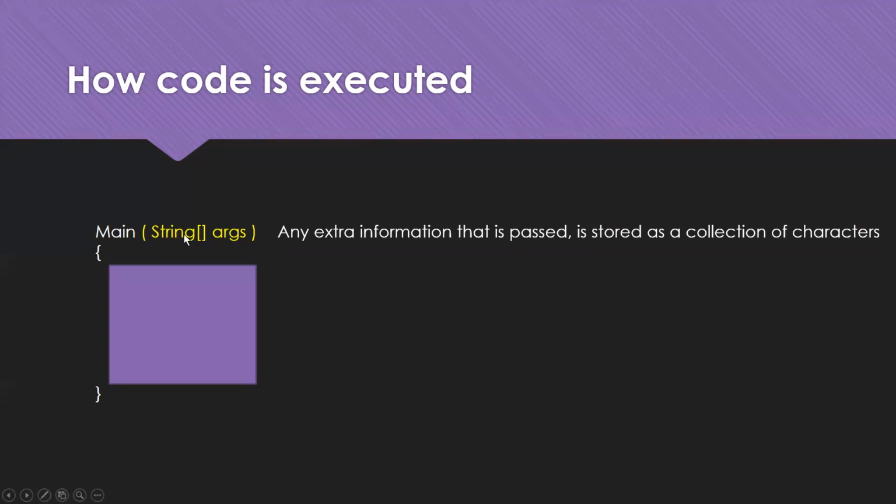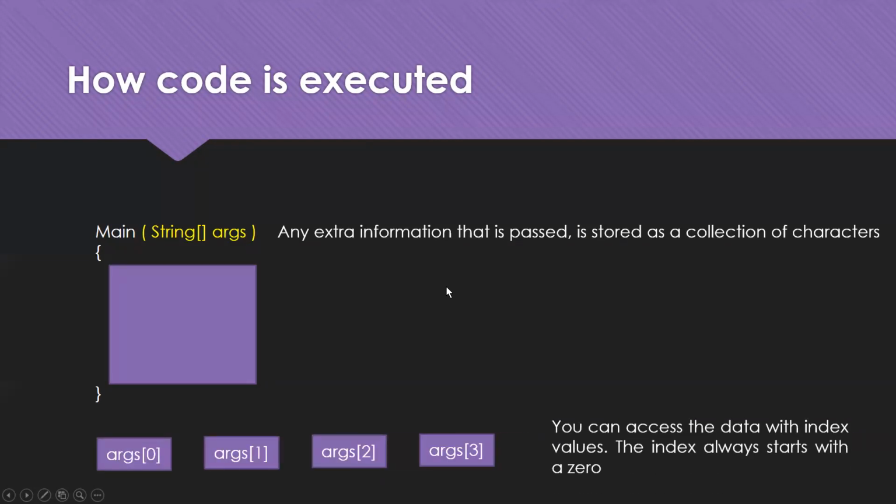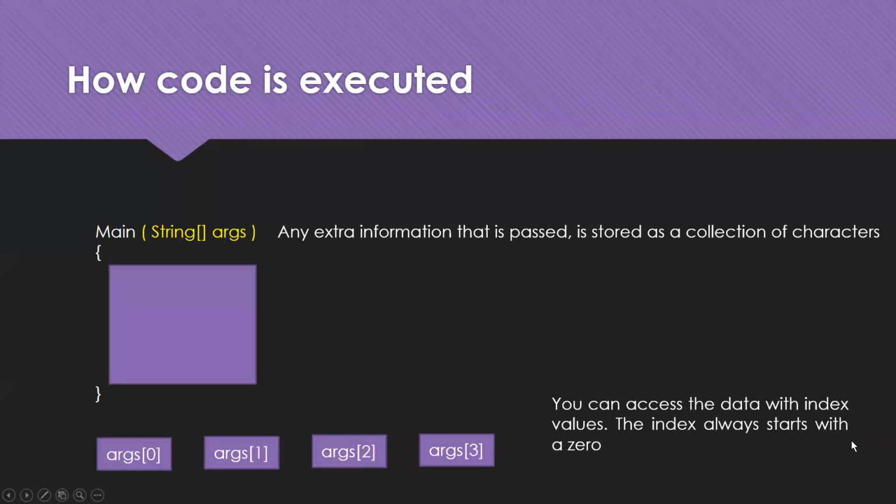In any program, you pass arguments over here, and these arguments are stored as argument 0, 1, 2, 3, and so on, as many arguments as you pass. In the previous example, I had written myprogram and Umair, so Umair will go into argument 0.